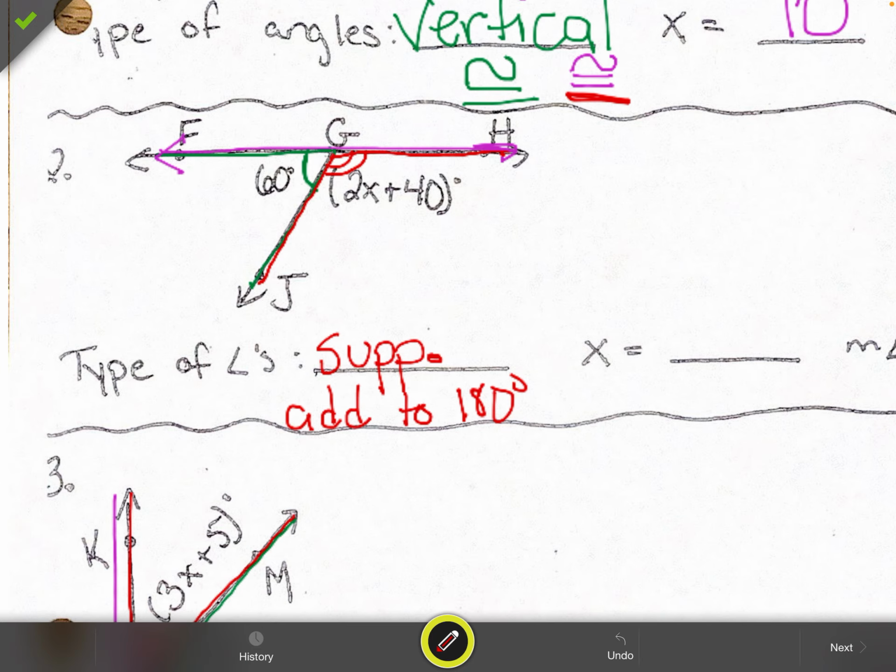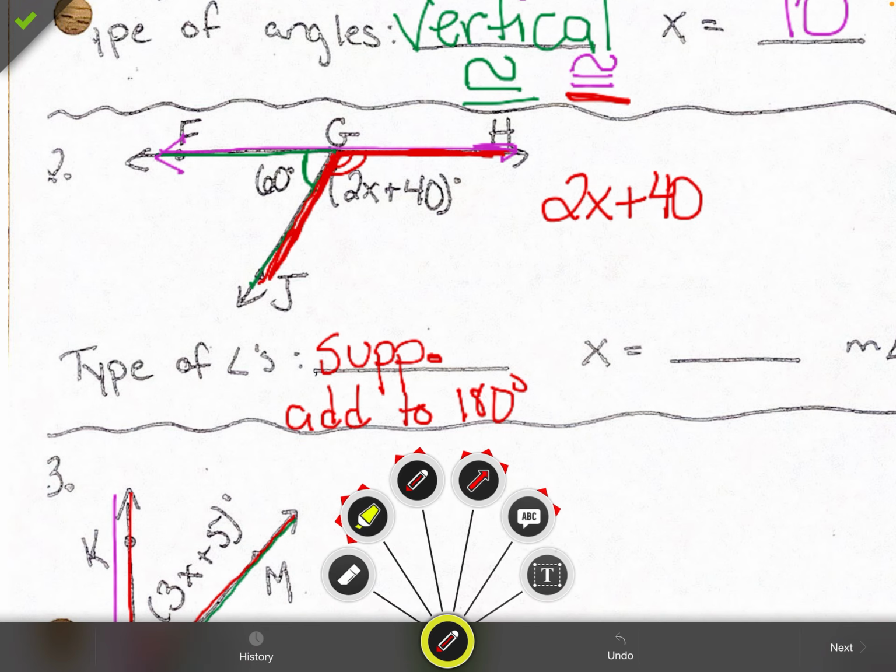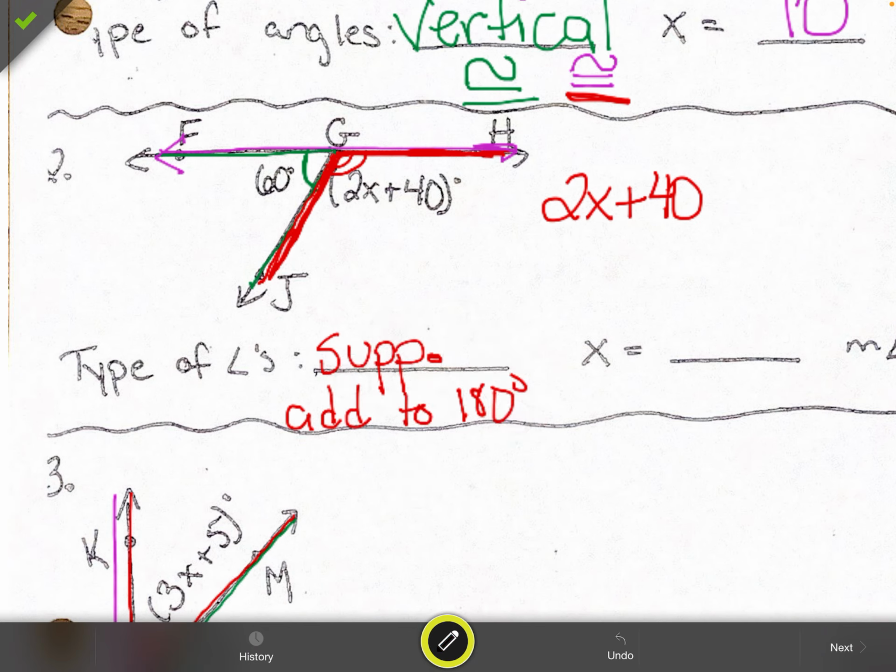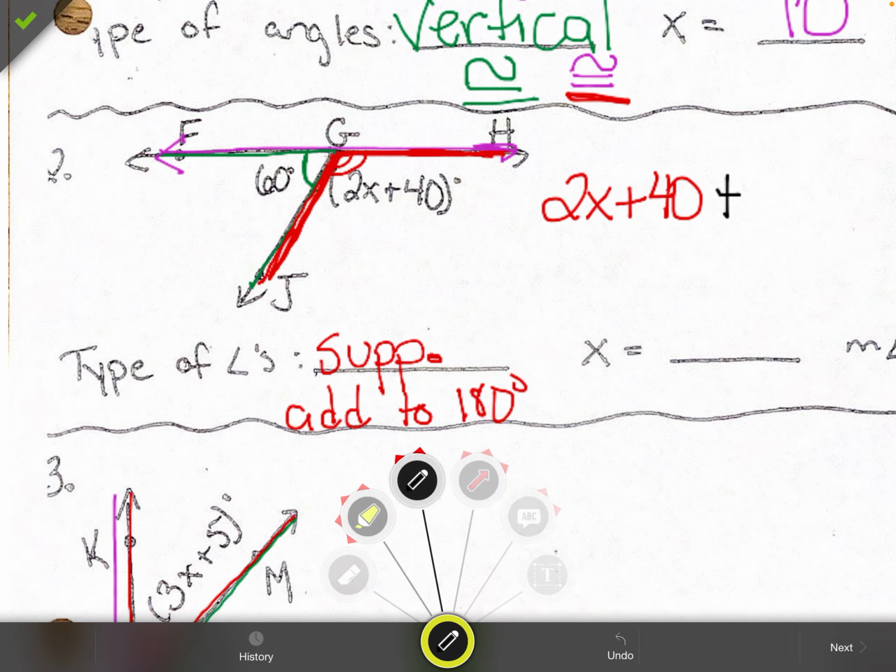I'm just going to start. I always start with the one that has the variable. It's just me. So that would be this one, and that is 2x plus 40. Because remember, your little formula says for supplementary, angle 1 plus angle 2 equals 180. So I'm going to do 2x plus 40, that's angle 1, plus angle 2.